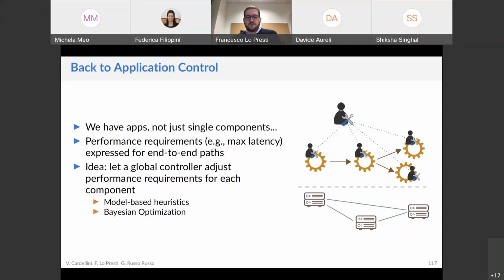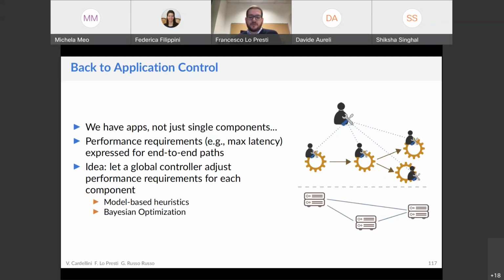And our approach is to have a global controller oversee the overall adaptation. To do so, a possible approach is to let this global controller tune the cost function of the local controllers. Tuning the cost function means tuning the weights associated with the different cost terms, and most importantly, defining a suitable performance requirement for each component based on the overall requirement for the application.